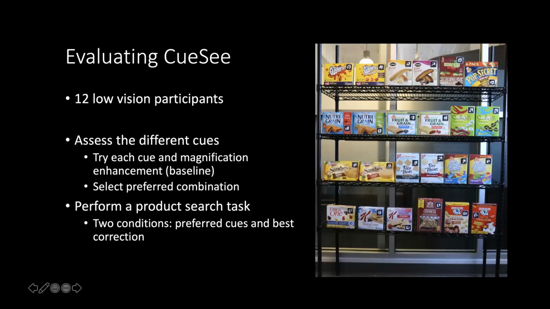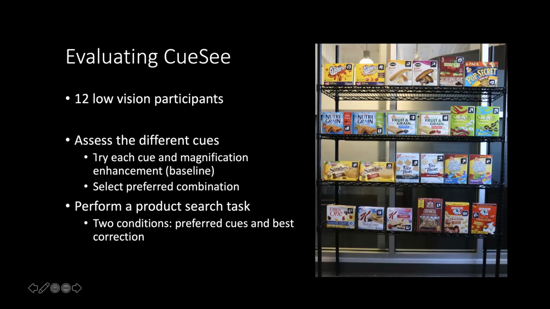We evaluated QC. So of course our question is, how well does this actually work for people with low vision? So we recruited low vision participants in a lab study. And we had 2 more specific questions that we wanted to answer in the study. So the first thing is that we wanted to assess the effectiveness of these different cues.